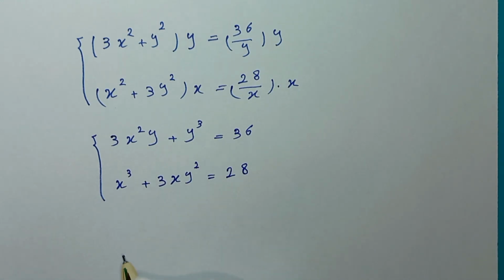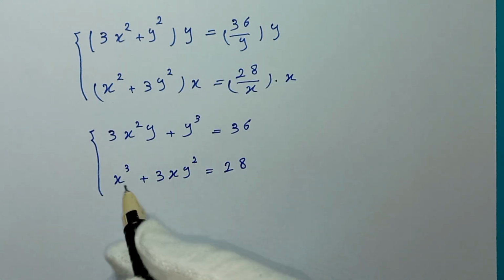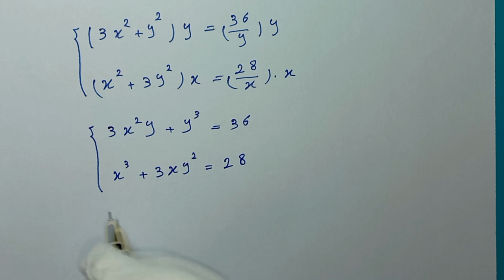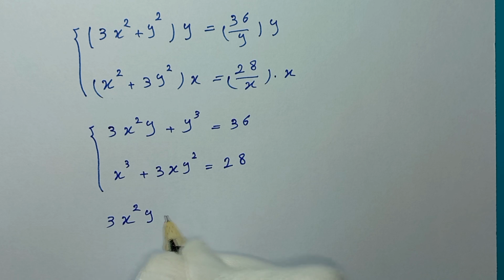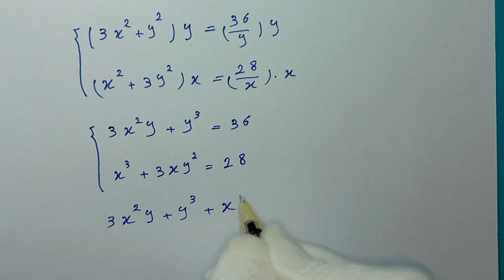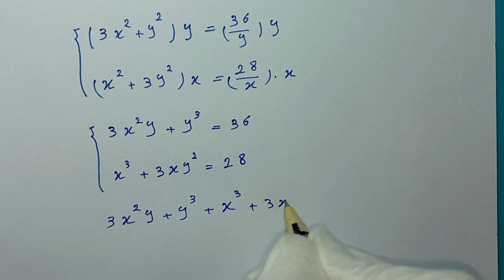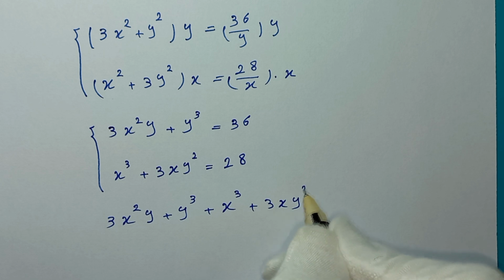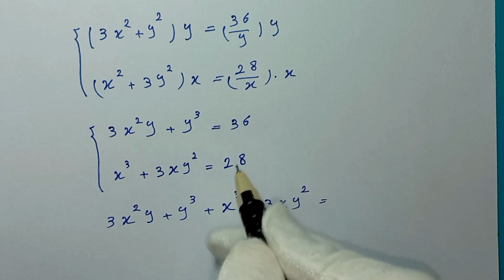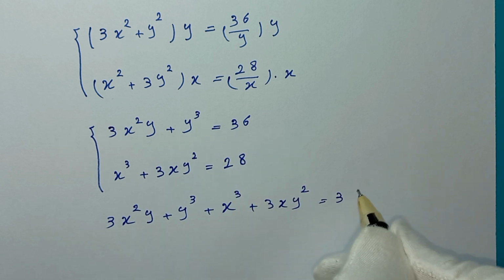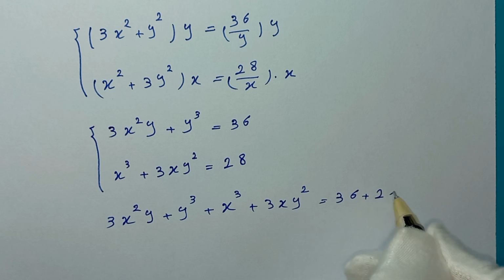And in the next step, we add these two equations together, so it will be 3x squared y plus y cubed plus x cubed plus 3xy squared is equal to 36 plus 28.